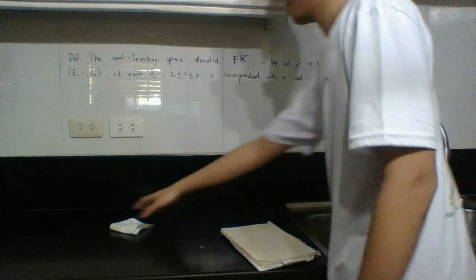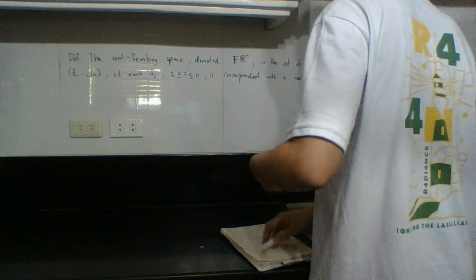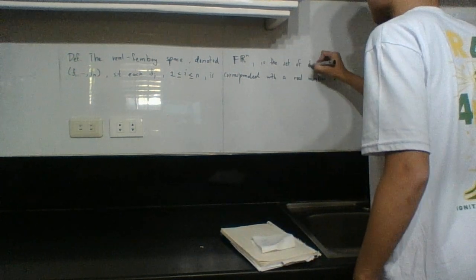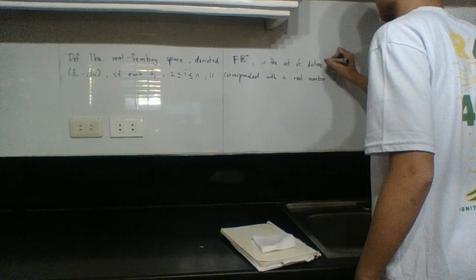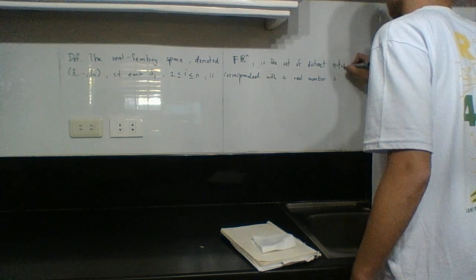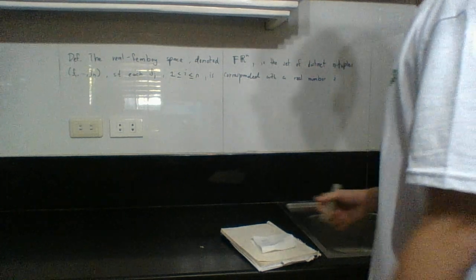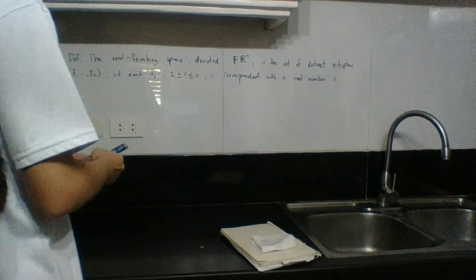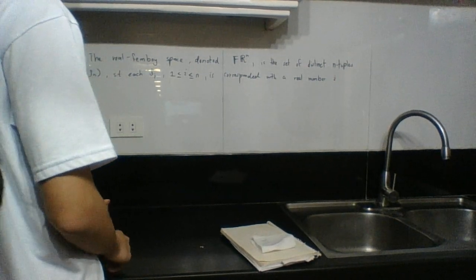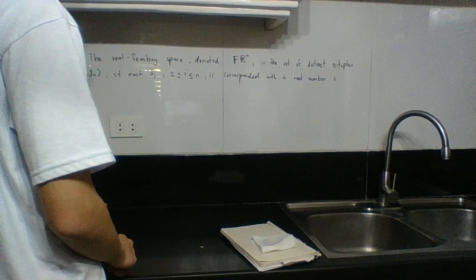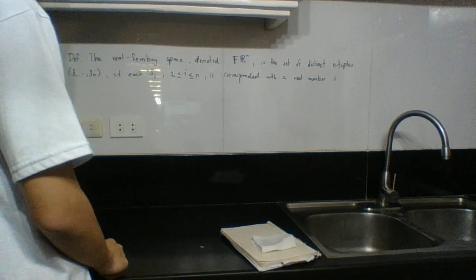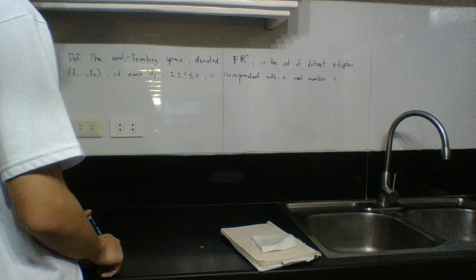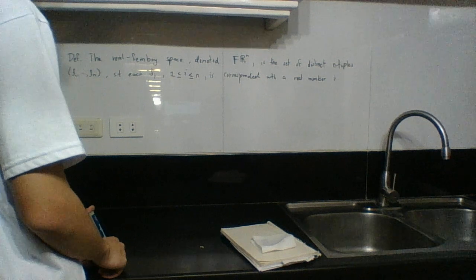Okay, so let's revise our definition a bit. So it's a set of distinct n tuples. So it could be a pair, which would give us a two-dimensional space. It could be a triplet, which would give us a three-dimensional space. A quadruplet, which would give us a four-dimensional space.